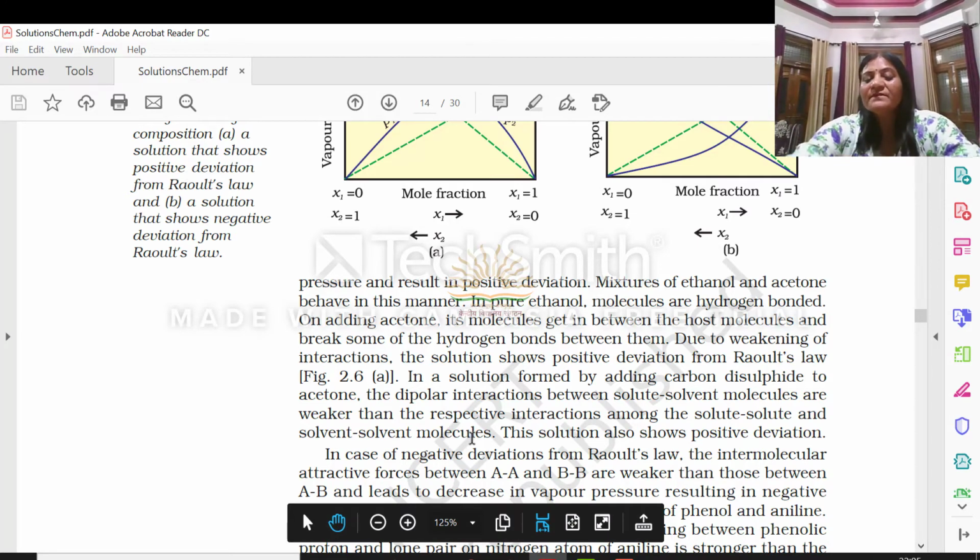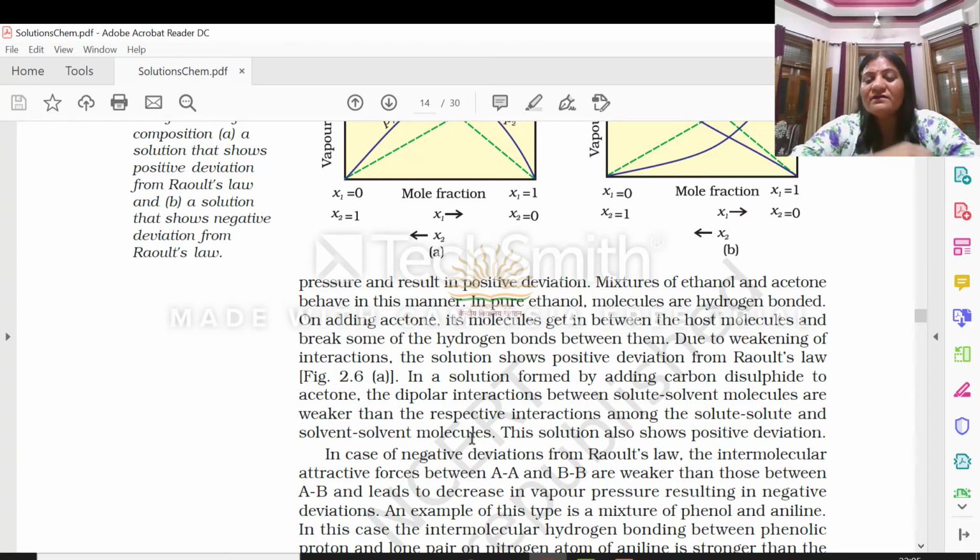This solution shows the positive deviation, and the examples are ethanol and acetone. Learn the examples carefully. An ethanol and acetone mixture shows the positive deviation.